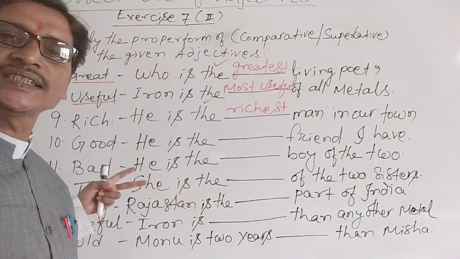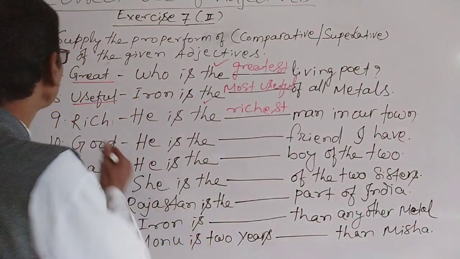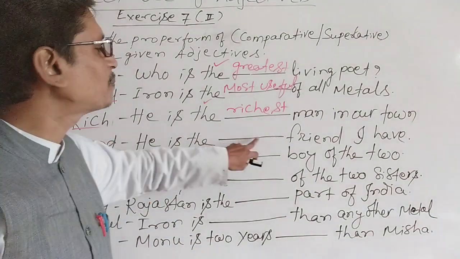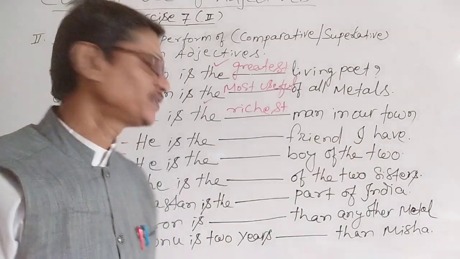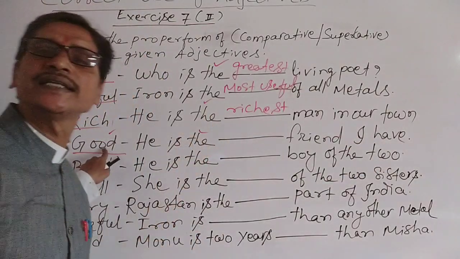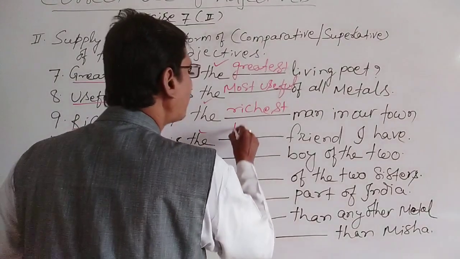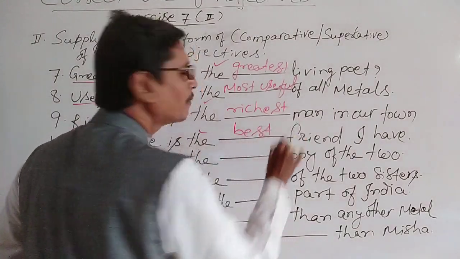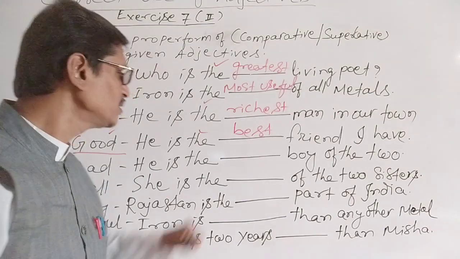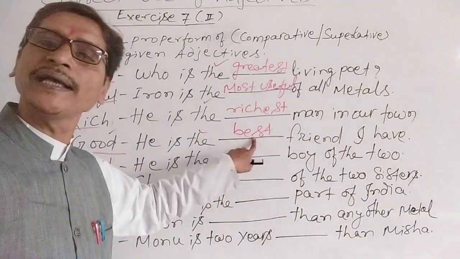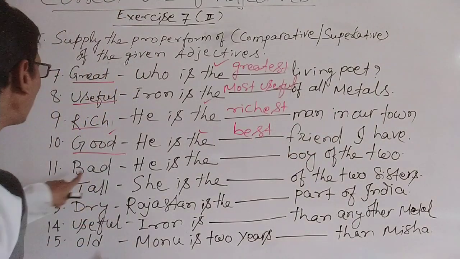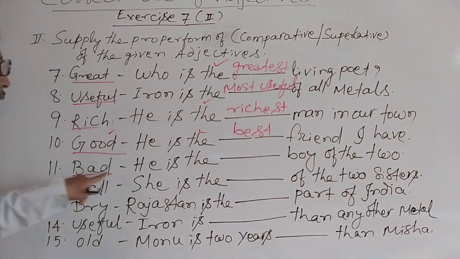Understand? Similarly, next comes good. We have to use the superlative degree of the adjective good. Good, better and best. Understand? So the superlative is: he is the best friend I have. Similarly, bad.